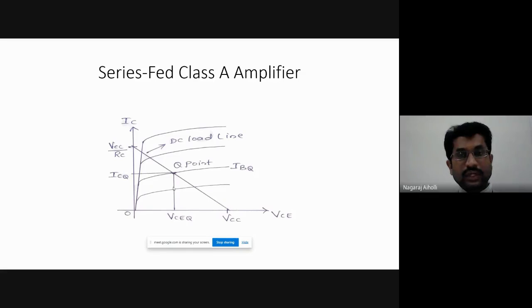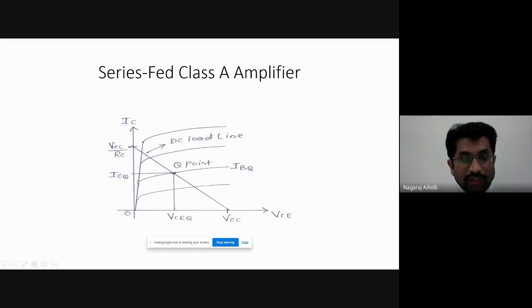Suppose the positive half cycle is plus 5 volts and the negative half cycle is minus 5 volts, then the range is plus 5 volts minus of minus 5 volts, that is 10 volts. That is called the signal swing. Swing of the signal means the range between the positive peak and the negative peak of the signal.